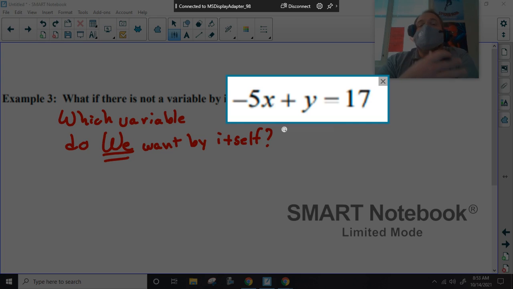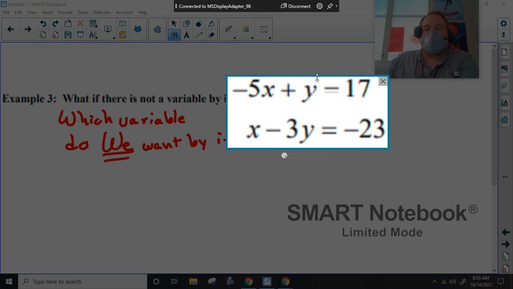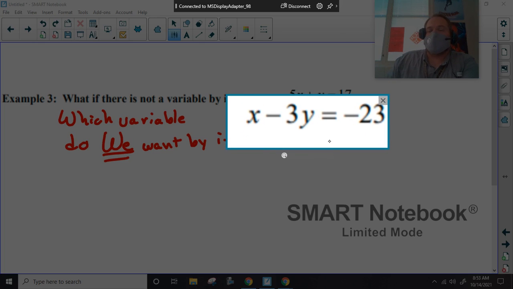So we could take the top one and solve for y. Or some people are going to look at the bottom equation and solve for x, because you could add 3y to both sides. It doesn't matter. You're going to get the same answer no matter which one you do.